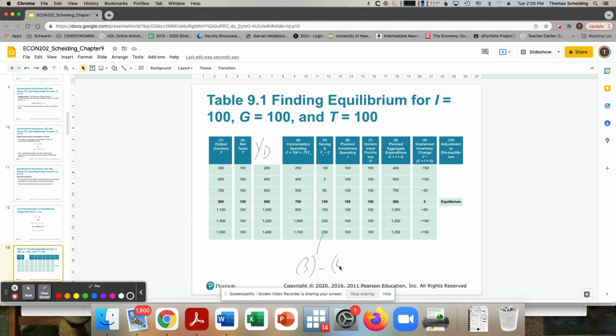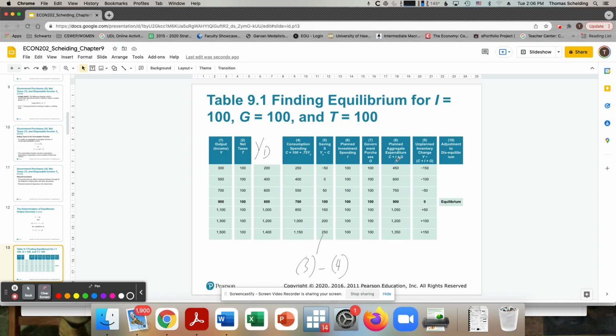Now solve this down the line. Now, investment. Investment is fixed, so I don't have to change anything here. I just write the same number down the column. Government spending, same thing. Write the same number down the column.